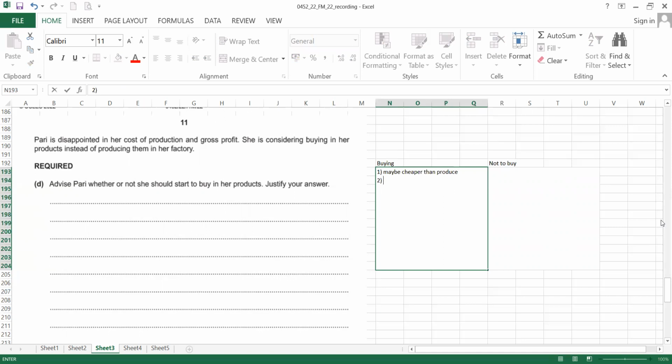If Pari buying the goods instead of produce, the purchase price could be cheaper than produce. Okay, this will improve the profit, the gross profit.